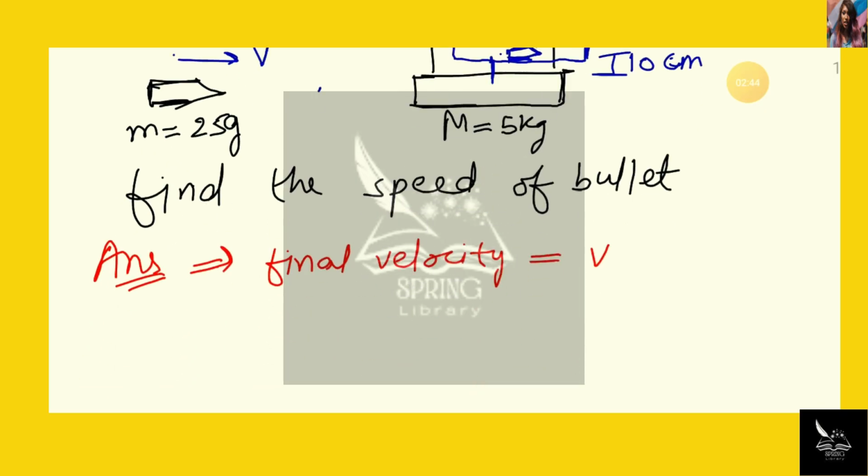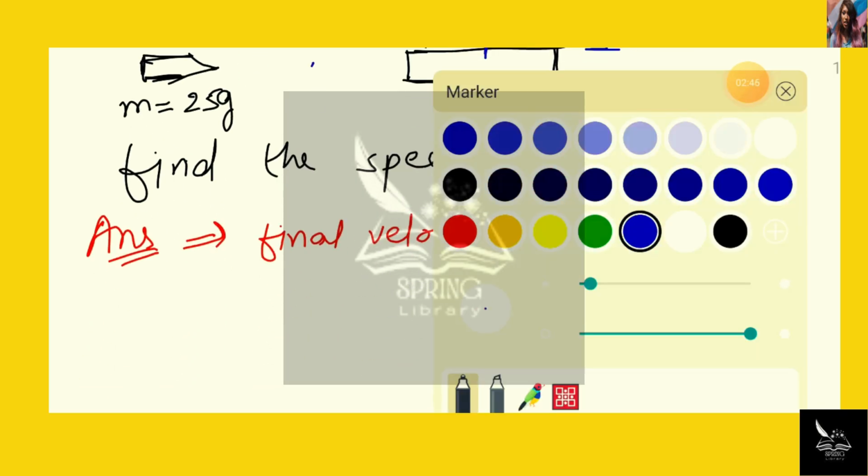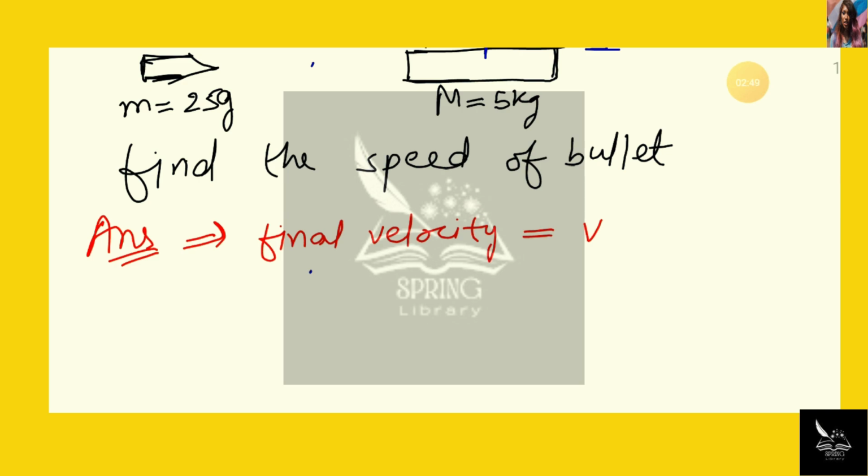So this final velocity will be for the complete system, that is the ballistic pendulum and the bullet.